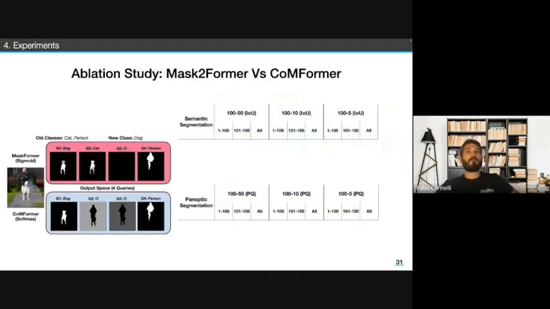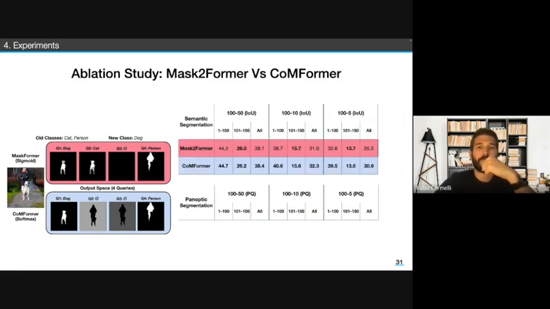Okay, as I promised before, I have an ablation study where we show the differences between using Mask2Former, so the sigmoid activation, and the softmax activation of Conformer. I will show you the results on every setting in both Semantic Segmentation and Panoptic.